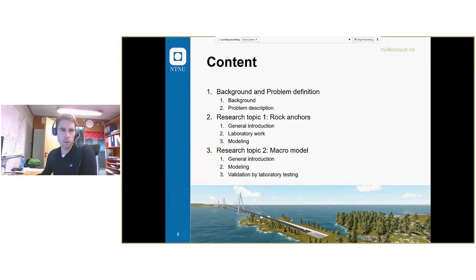Thereafter, it's research topic number 2, which is macro modeling. First, the introduction, modeling itself, and the validation of the model, which we did by model testing in the laboratory at NTNU.